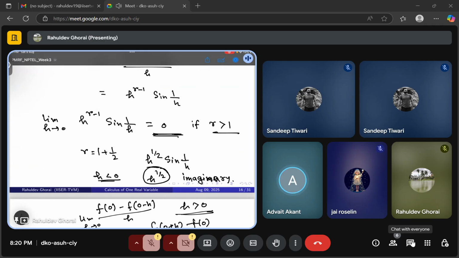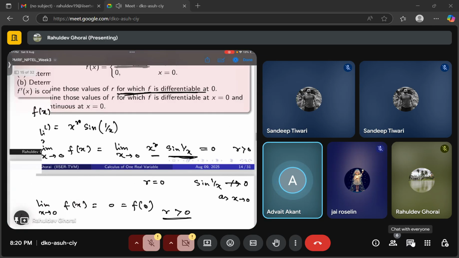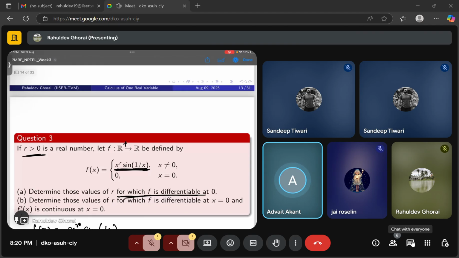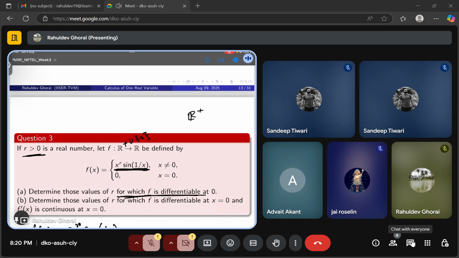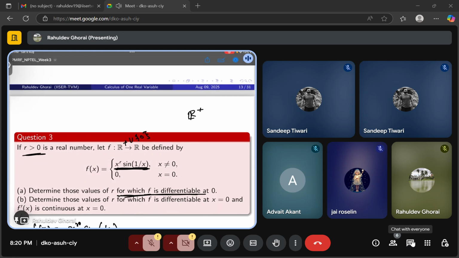But if we restrict the domain to R plus, yes, 0 is not in R plus. So how can we talk about differentiability at the point 0? Sorry, R plus union 0, I just assumed R plus union 0 is there, or you can say from 0 to infinity to R. Sorry for that.